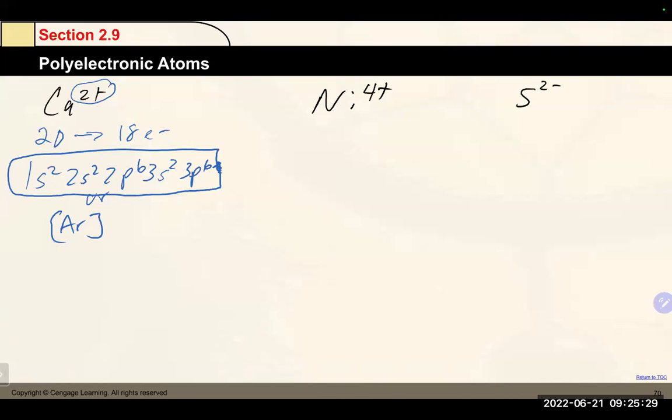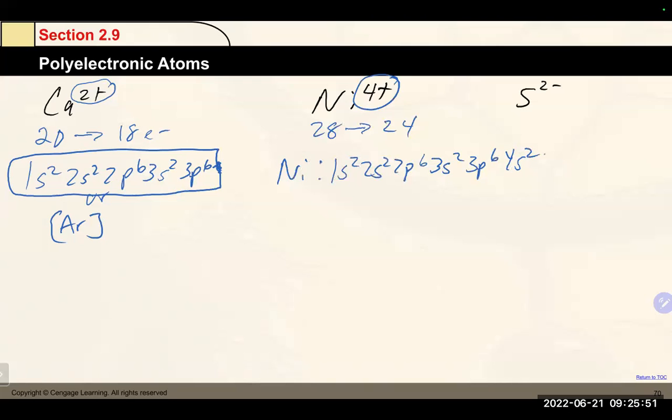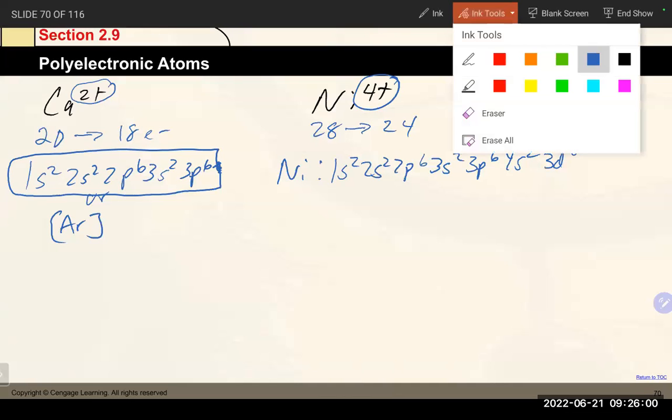Nickel is 28 on the periodic table. It has a +4 charge, which means it has lost 4 electrons. That will take it to 24 electrons. Now, nickel with no charge would be 1s2, 2s2, 2p6, 3s2, 3p6, 4s2, and 3d8. In this case, it will lose its 4 electrons.